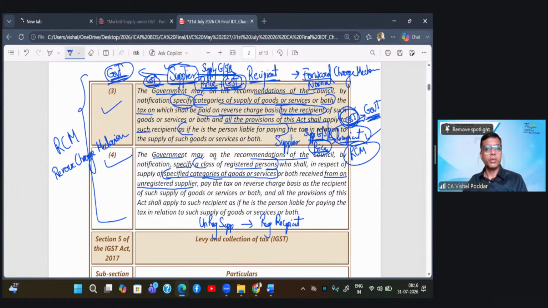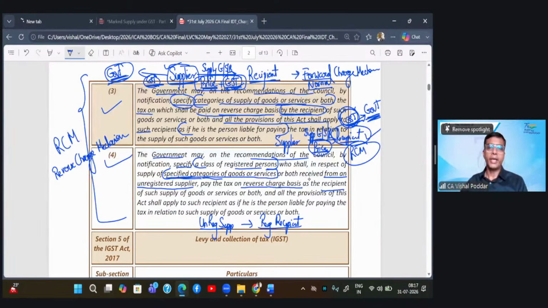So for some specified supplies where the supplier is unregistered and the recipient is registered, we will again make the tax collection on reverse charge basis. That is, we will make the recipient pay the tax.